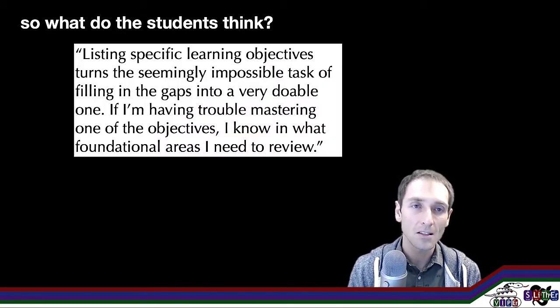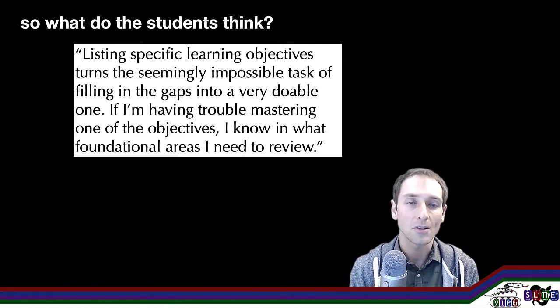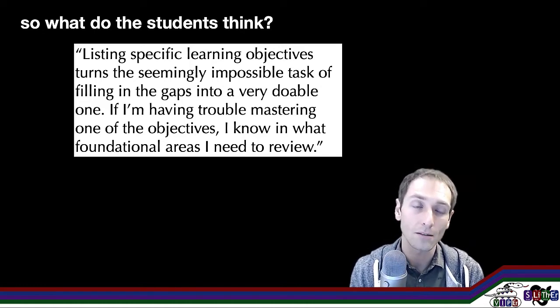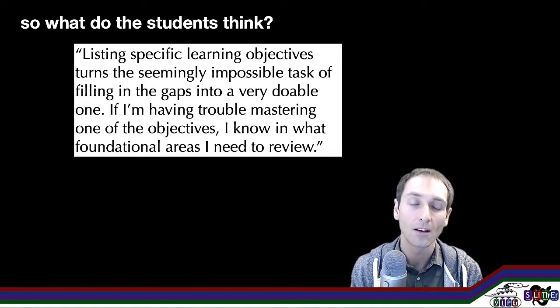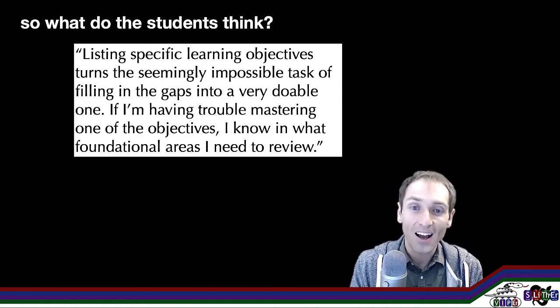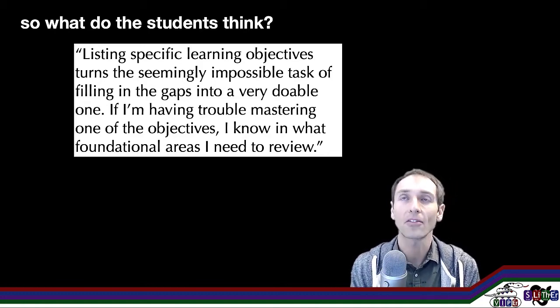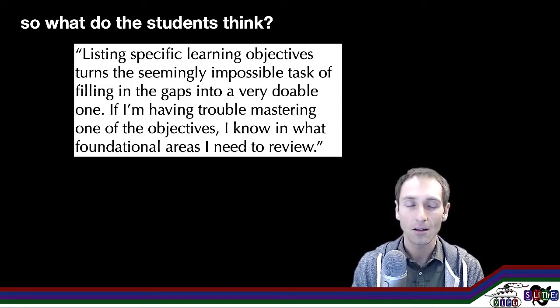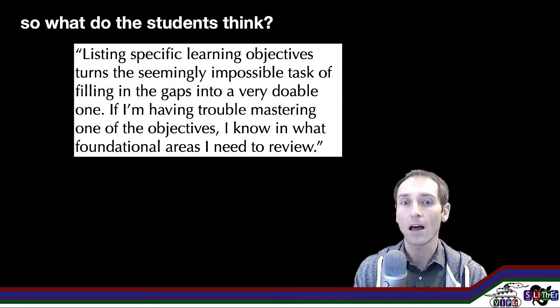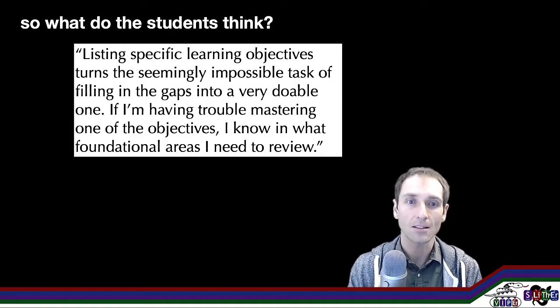So listing specific learning objectives turns a seemingly impossible task of filling in the gaps into a very doable one. If I'm having trouble mastering one of the objectives, I know in what foundational areas I need to review. I totally didn't think about that aspect, about a student coming into the class wondering what level they needed to start the class at to then progress further.